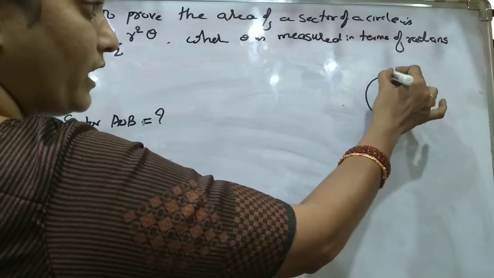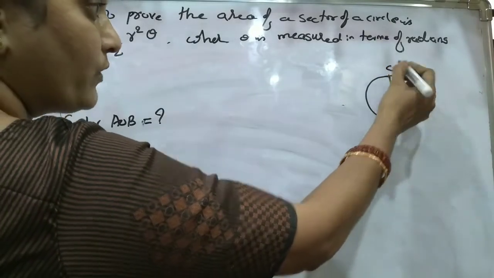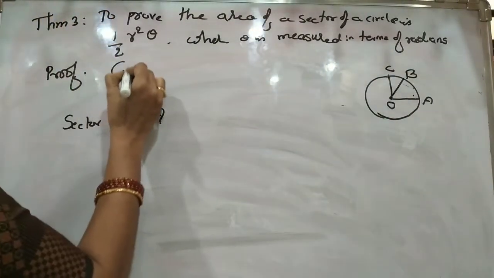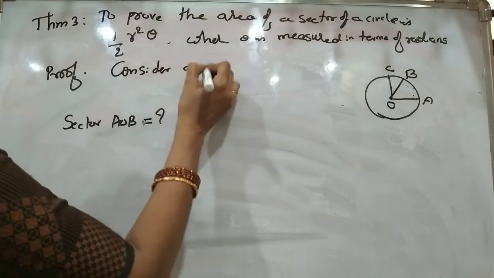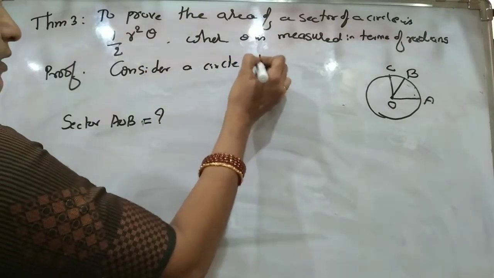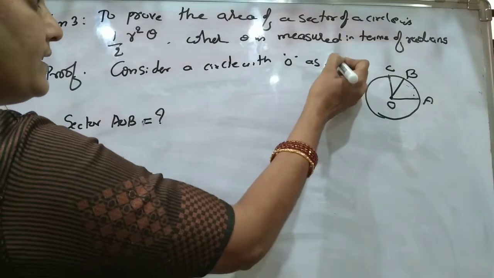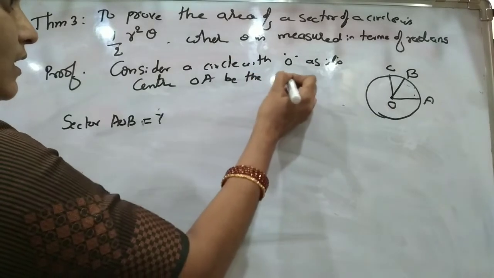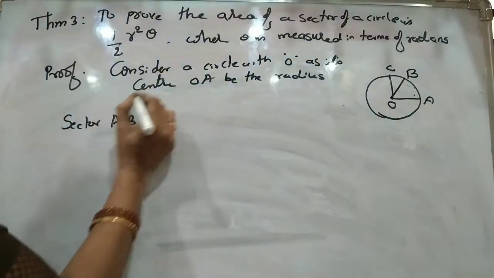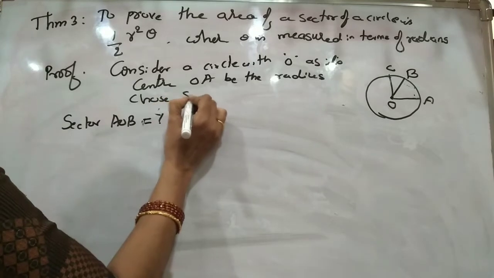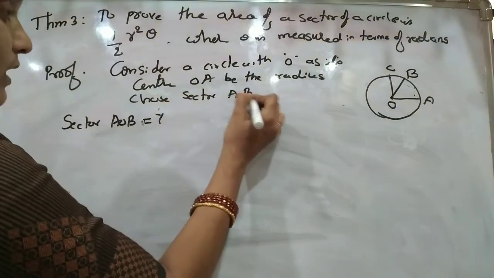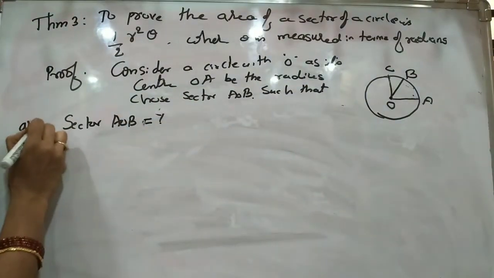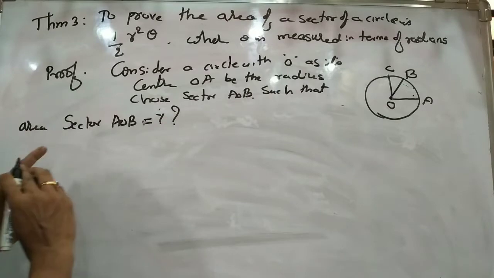In order to find that out, I make a construction, draw OC perpendicular to OA. Now I write all these things. Consider a circle with O as its center, OA be the radius. Choose sector AOB such that area of sector AOB is how much.